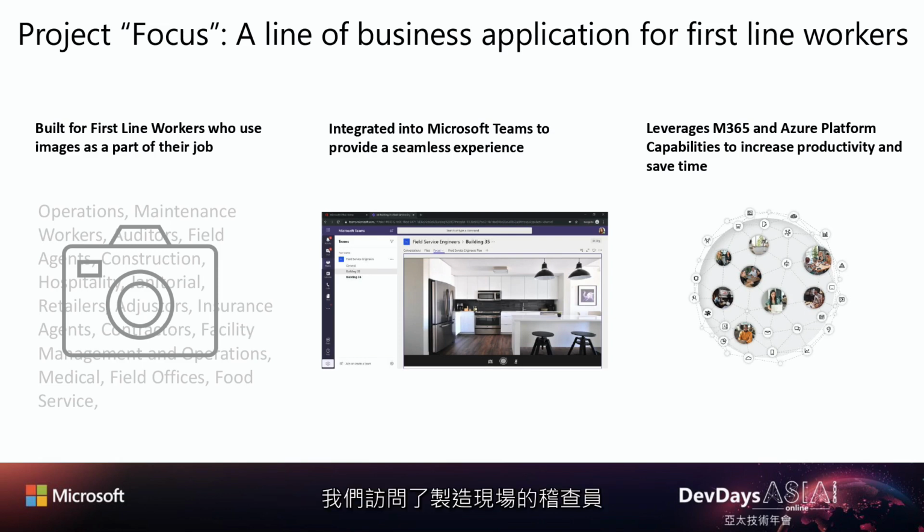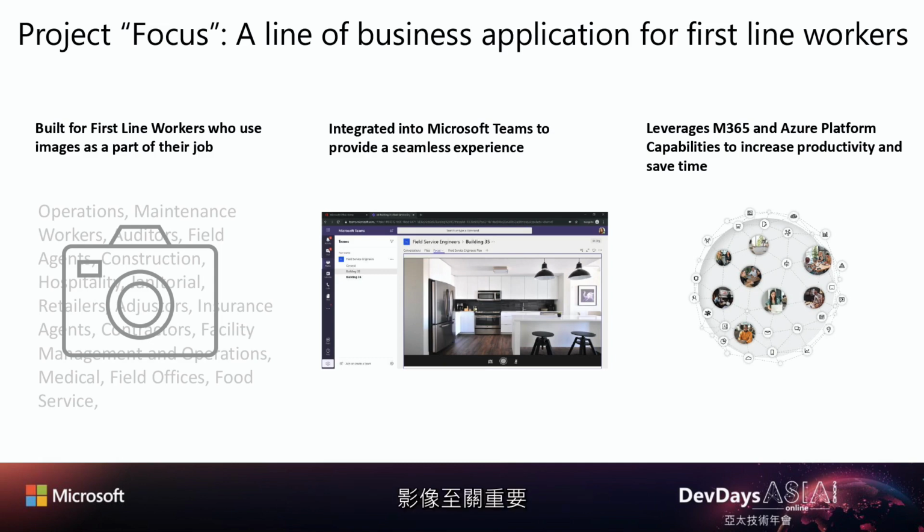We spoke with inspectors on the manufacturing floor, retailers building product displays, and food service workers responsible for general day-to-day operations. We found that each role was looking to act directly from an image that they had just captured as an everyday part of their job.